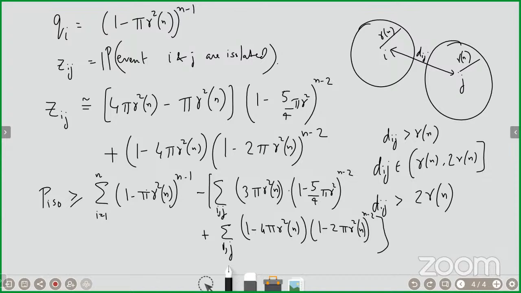I'm just putting those terms in here. Now remember the theorem we want to prove, that r square n better be log n plus c of n by n.